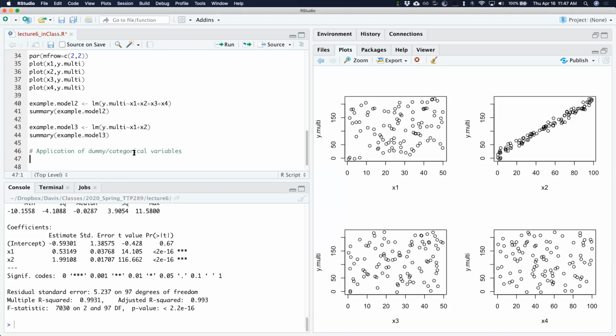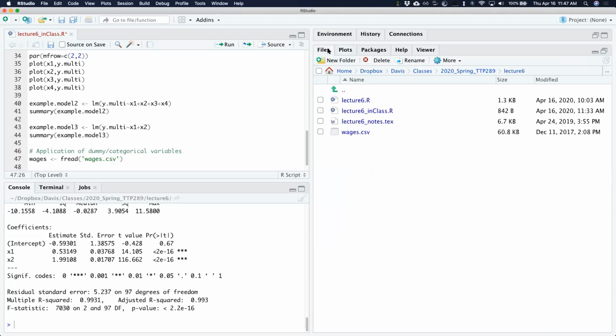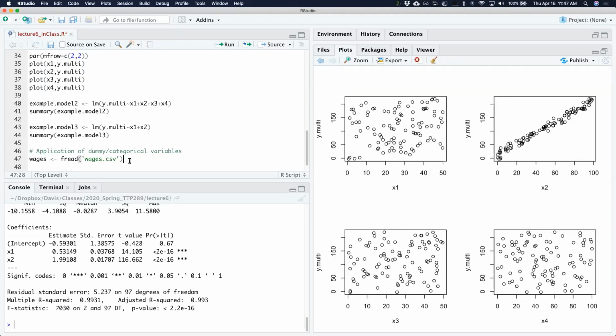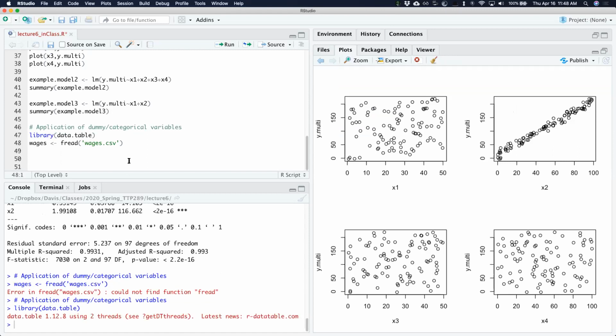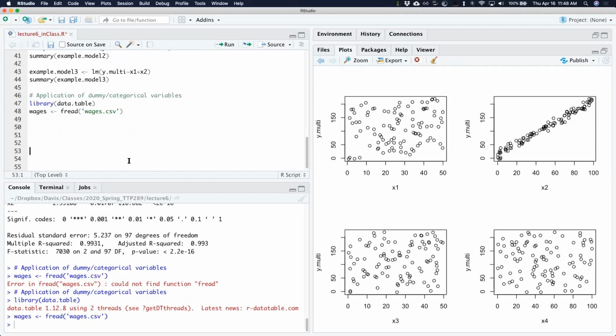So I'm going to read in a data set called wages. Let me make sure that it's in here. Yep. Oh, I don't have data tables loaded. Okay. So let's take a quick peek at what is in our wages data set.